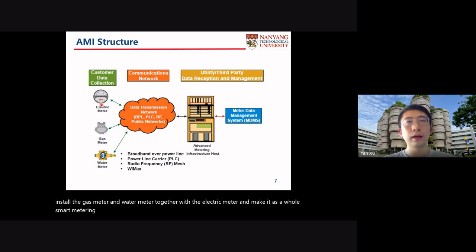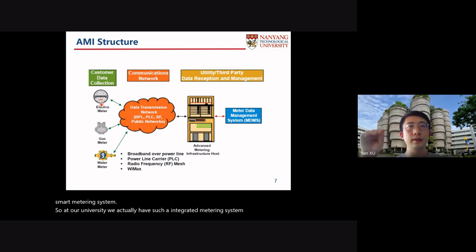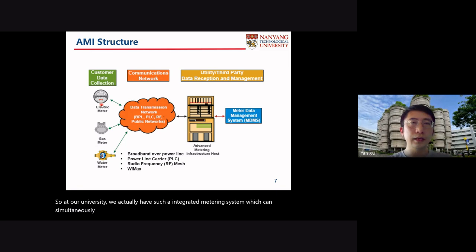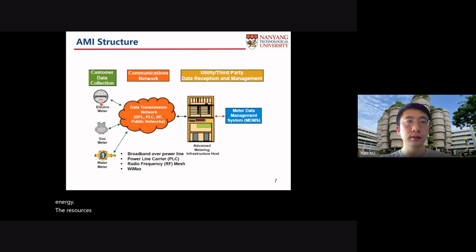At our university, we actually have such an integrated metering system, which can simultaneously measure how much electricity power is consumed, the gas consumption, as well as the water, so that we can have a better understanding of how the energy and the resources are being consumed by the customer. So that is the metering devices.